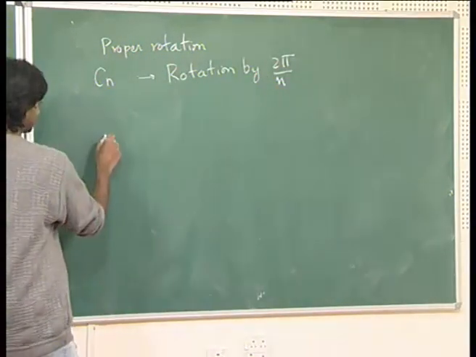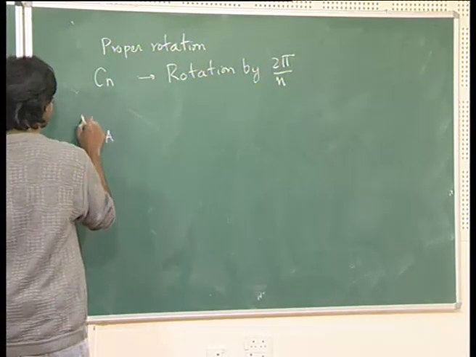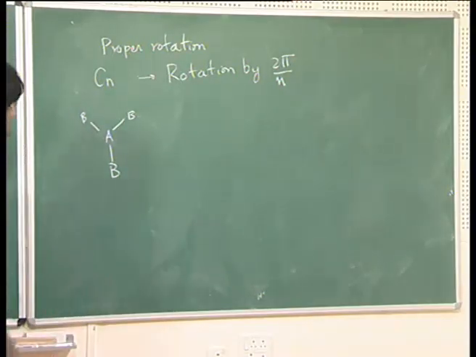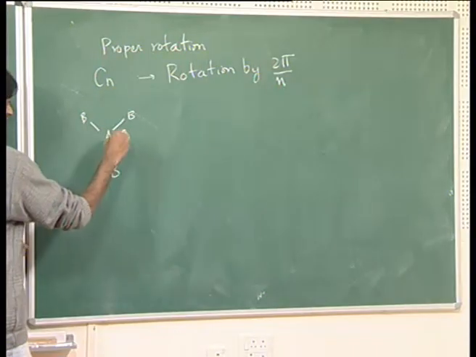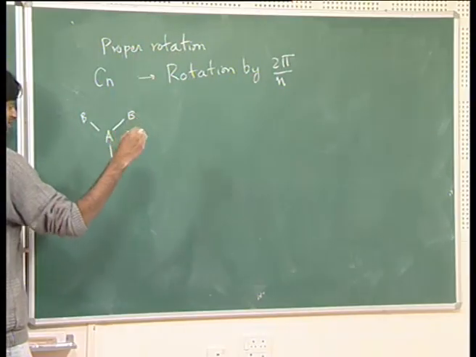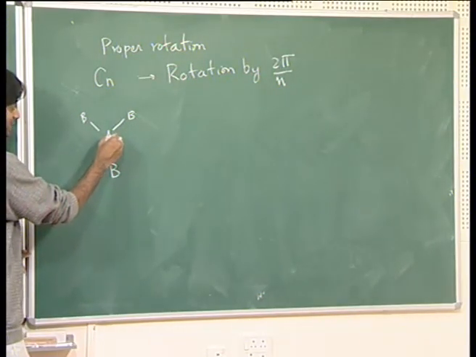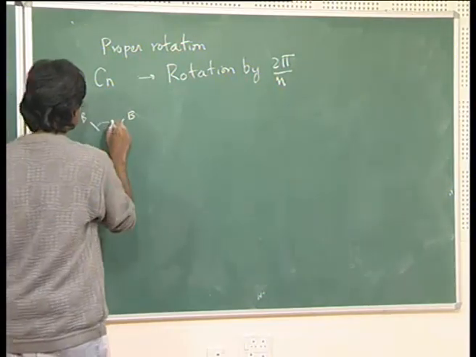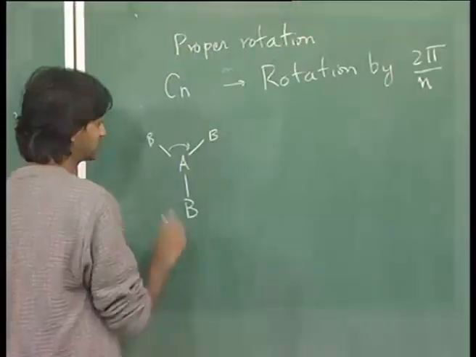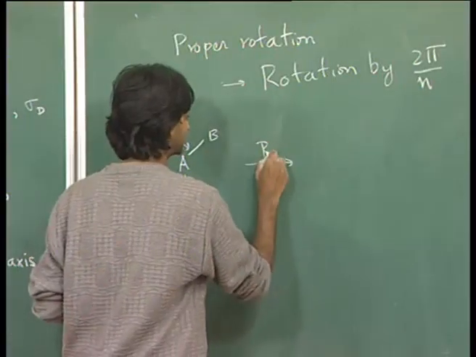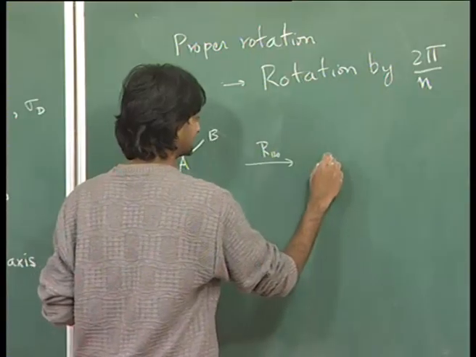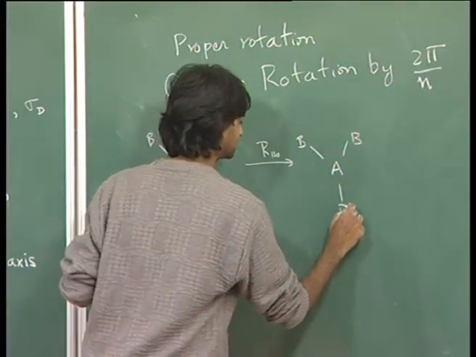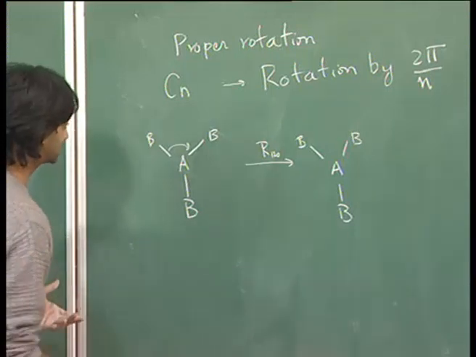For example, if you had a molecule like ABBB. Now if I take the axis that is perpendicular to the board and passes through A, I can rotate by 120 degrees, and then I get an equivalent configuration.